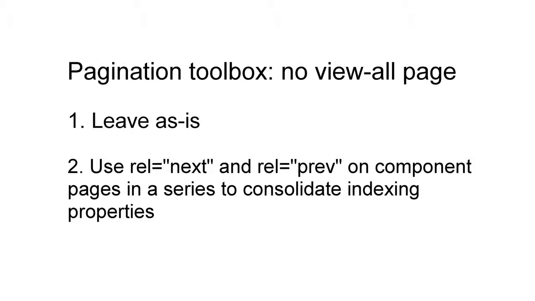Now, the other part of the pagination toolbox is for those of you with no View All available, and you have 2 options. Of course, you can leave exactly as is, or again, you can use rel next and rel prev. This helps you to consolidate all the component pages into one series and send searchers to the most relevant page.